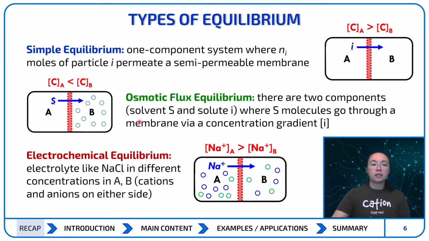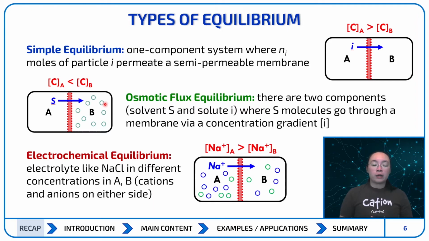So it's locked in phase B. In that case, what happens if your solvent S is free to move between your membranes, or between your phases? In order to try and reach some sort of equilibrium by reducing the concentration of I, your solvent is going to want to move into region B to reduce that concentration, to try and reach some sort of equilibrium or steady state.